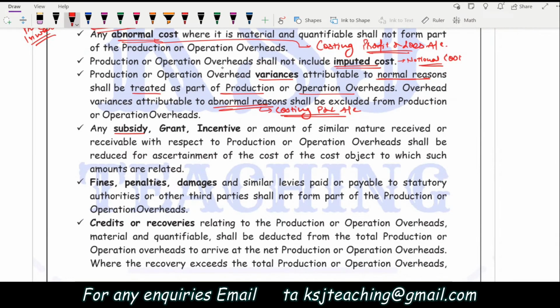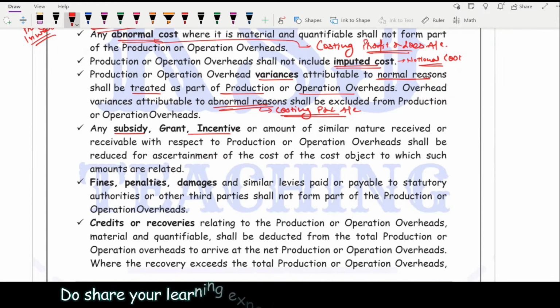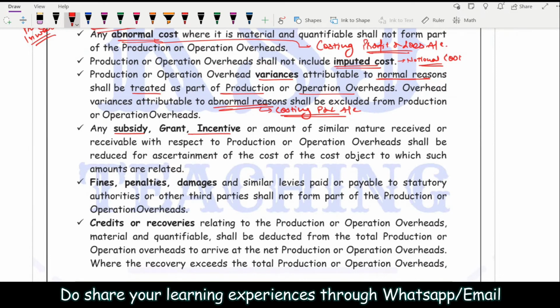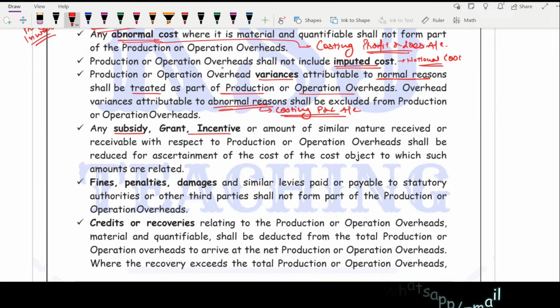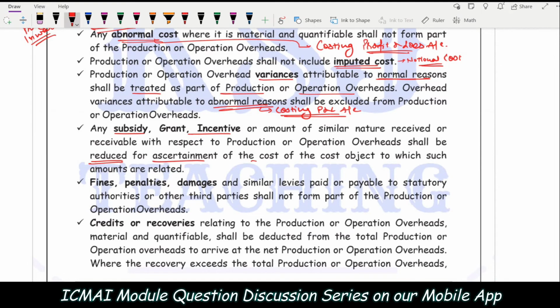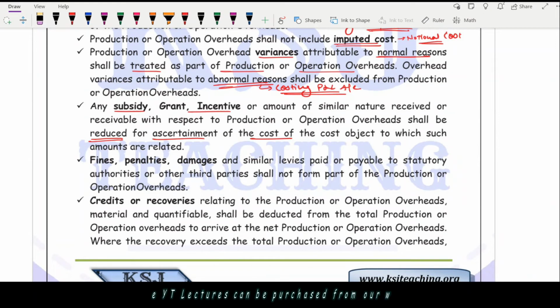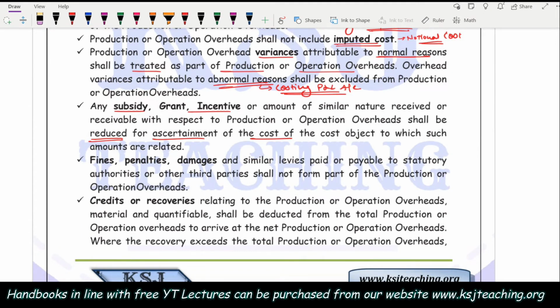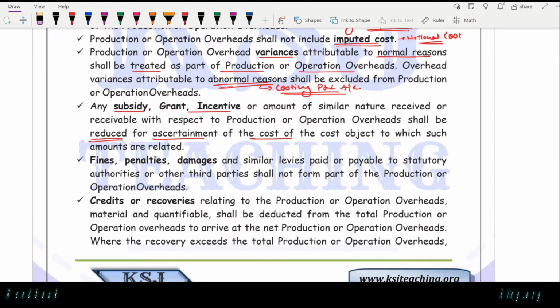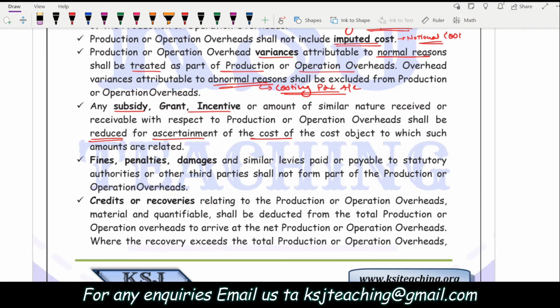Any subsidy, grant or incentive that is being received, obviously it will reduce your cost, right? It shall be reduced for the ascertainment of the cost object to which such amounts are related. If you are getting some subsidy from the government, or some grant from some agency or from the government, then it will reduce your production overheads.